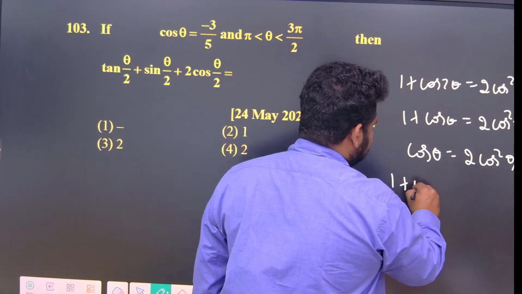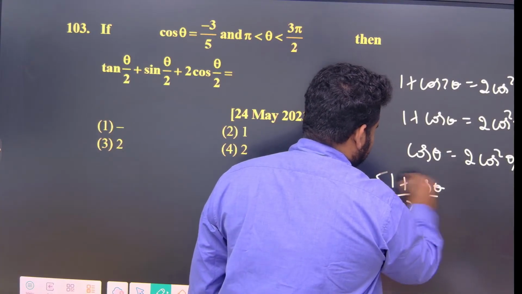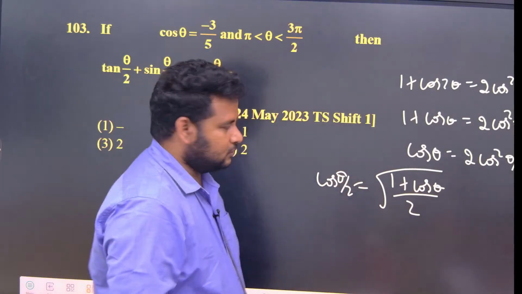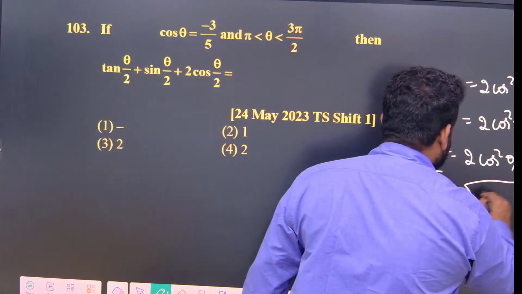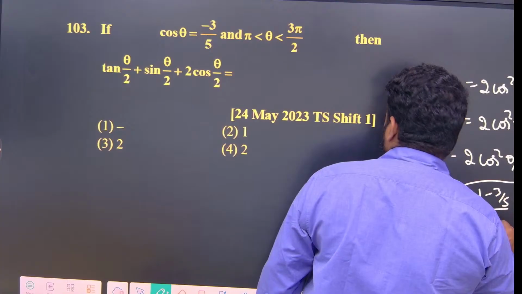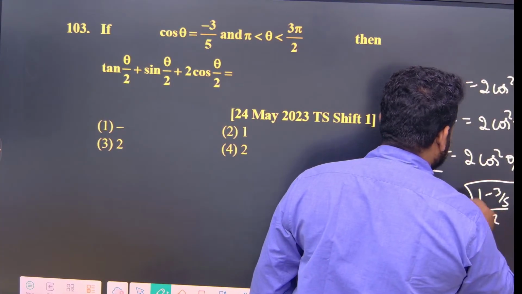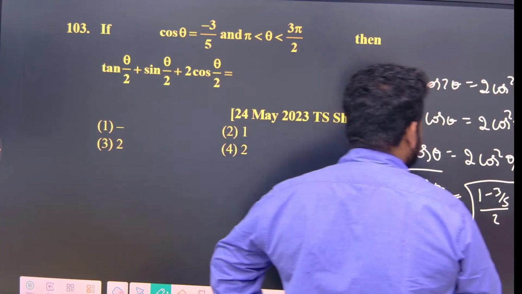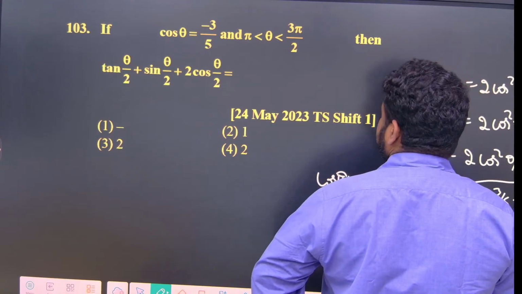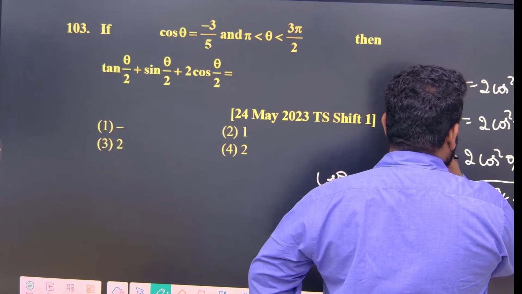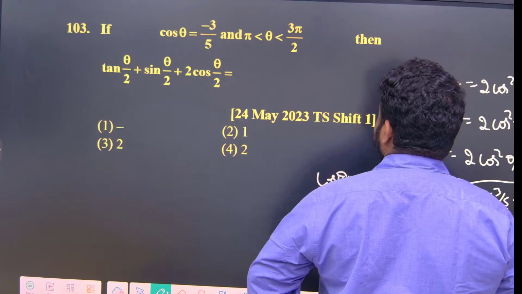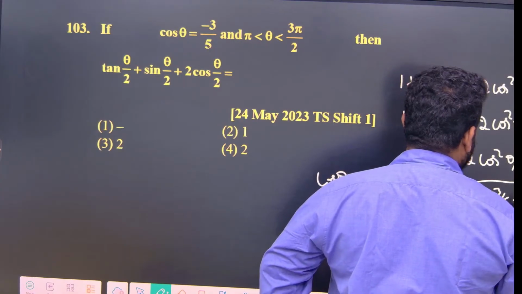Square root of 1 plus cos theta by 2. That is nothing but what? Cos theta by 2. So square root of 1 plus cos theta by 2 is what? Minus 3 by 5. So 5 minus 3, that is what? 2 by 5. Okay. Let me check.